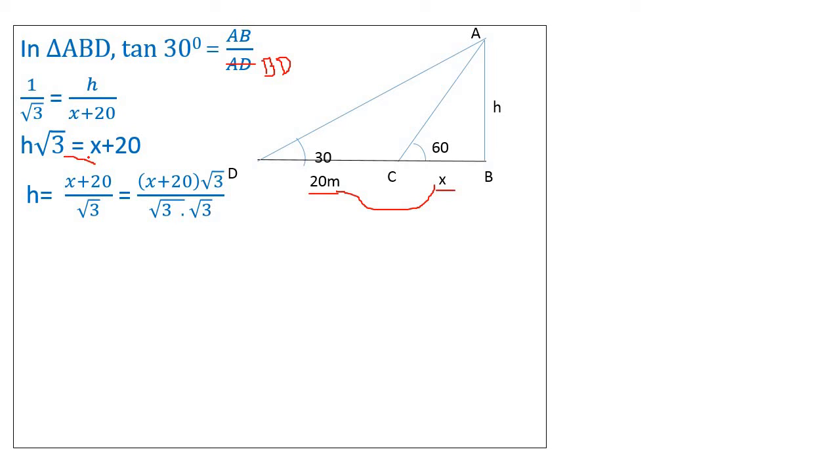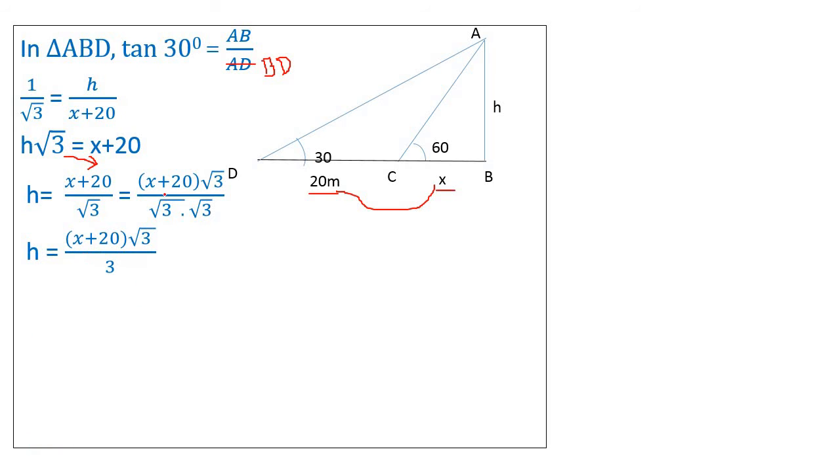Transpose root 3 to denominator. So x plus 20 divided by root 3. Then rationalize the denominator root 3. X plus 20 divided by root 3, again root 3 divided by root 3.